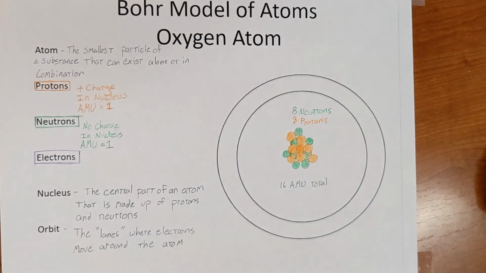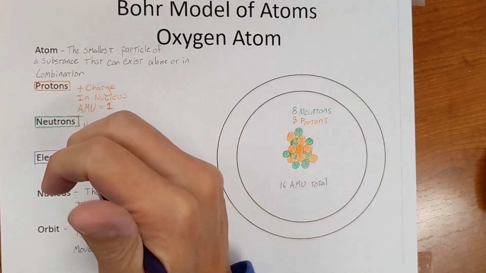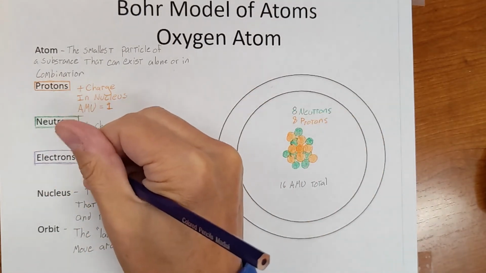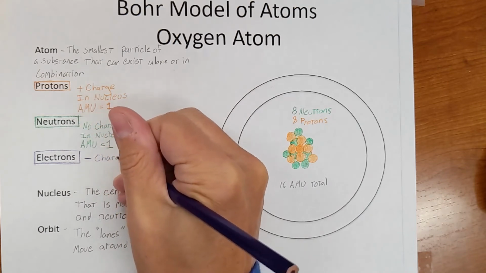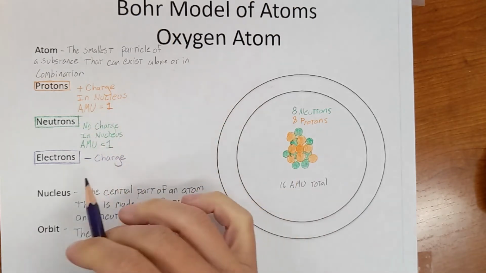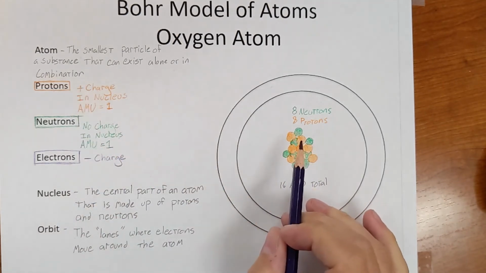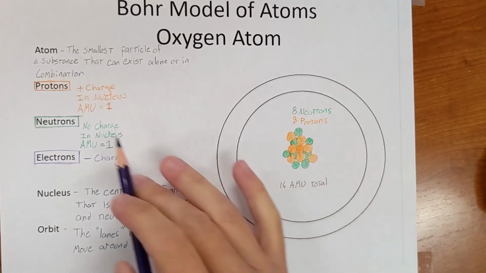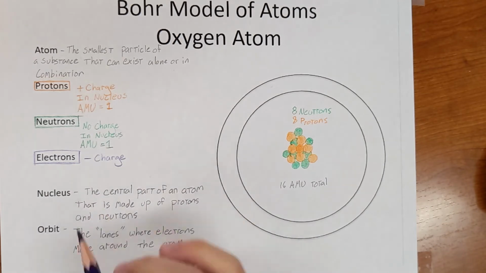All right. Now let's get to electrons. Electrons have a negative charge. So protons were positive, the greens are no charge, they're not positive, they're not negative. Electrons are negative.